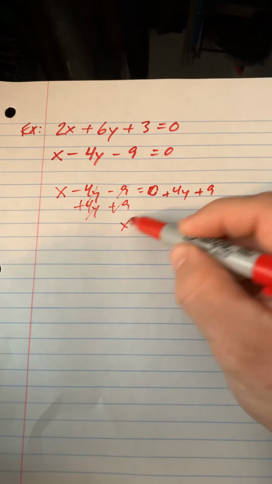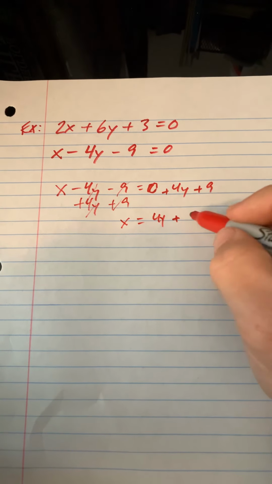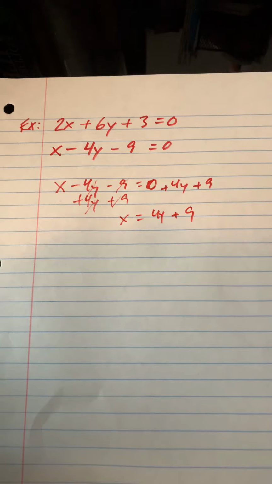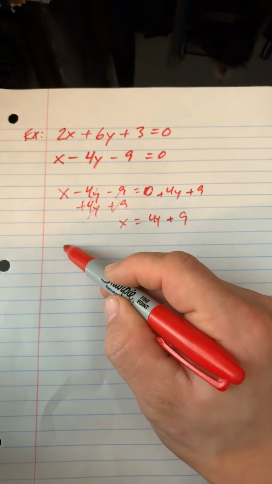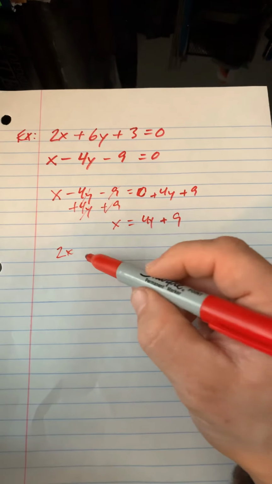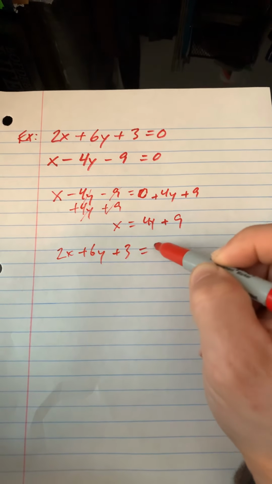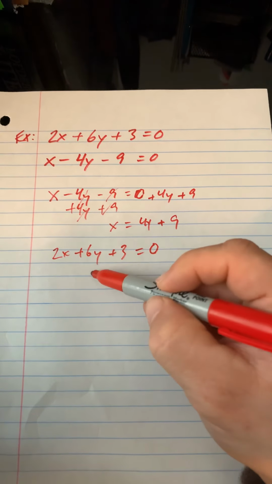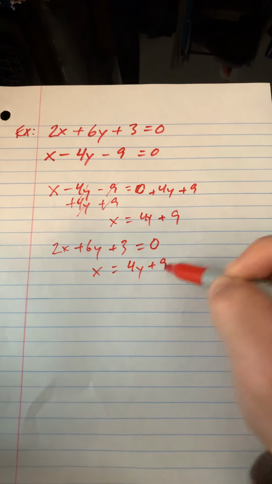And so we would have x equals 4y plus 9. Okay, so I'm going to rewrite everything. That's 2x plus 6y plus 3 equals 0, and then x equals 4y plus 9.